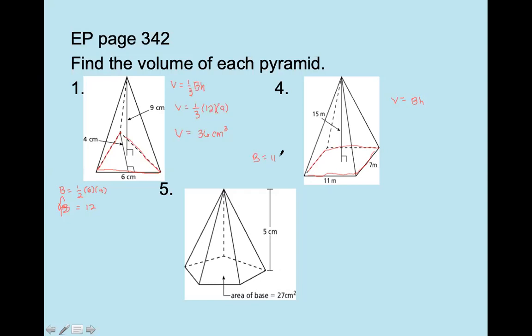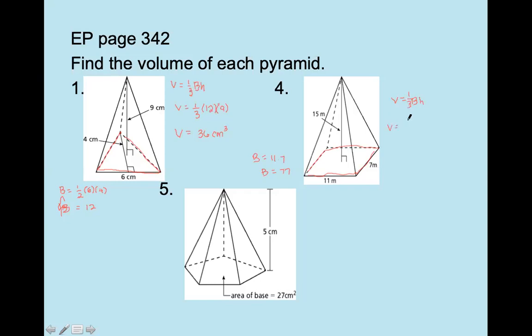So I have 11 times 7. So this time the base area is 77 square meters. All right, I'm going to plug that into my volume formula. Oops, looks like I left out my 1/3 here. All right, so we got to remember to put that back in.